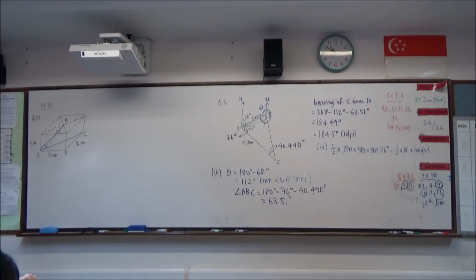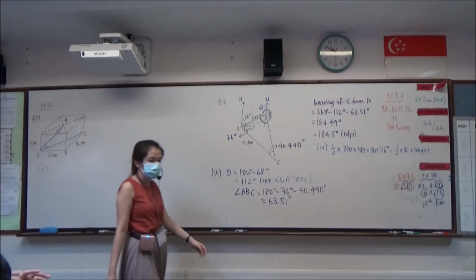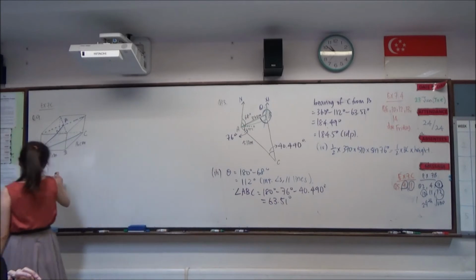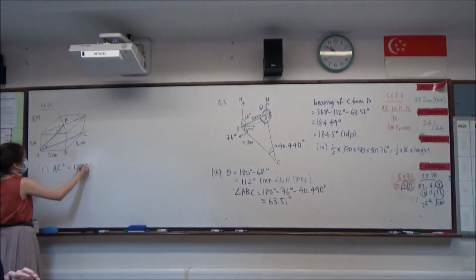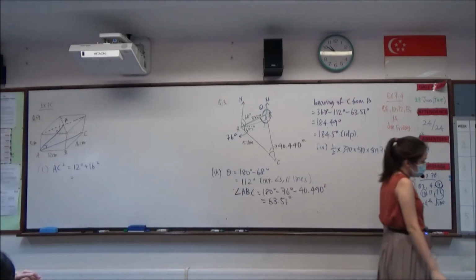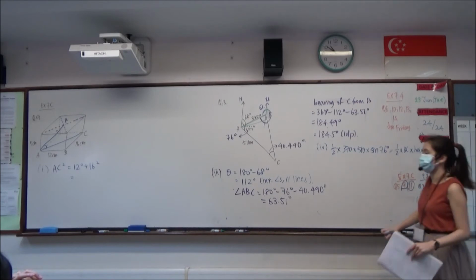Find what? Tangent. Angle PAC, yes. Okay, so you find the length of AC first, and we get the value of 20 for AC.